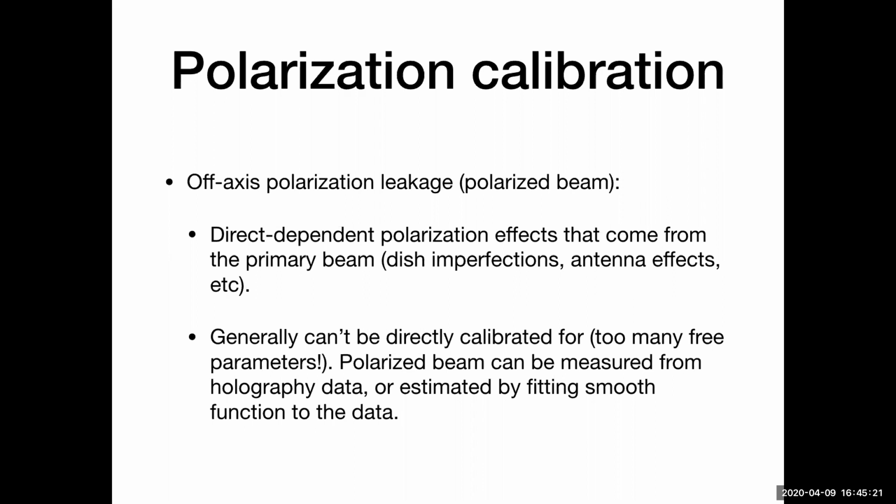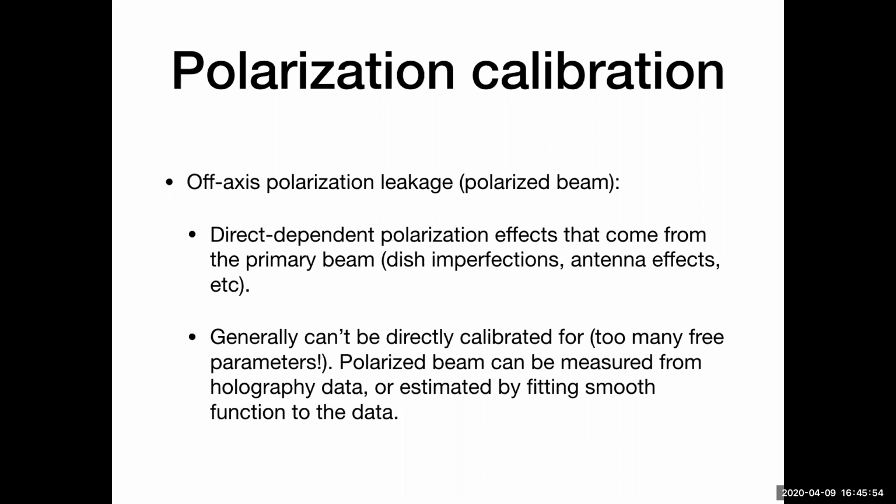And so the general solution to this is using holography data, which is something I'm not going to spend time on because I don't understand it that well. But what holography data basically does is it does directly measure the response of the telescope as a function of position in the beam. It kind of involves taking two telescopes, pointing them at the same source, and then sort of moving one of the telescopes around so that you're looking at different locations in the beam.